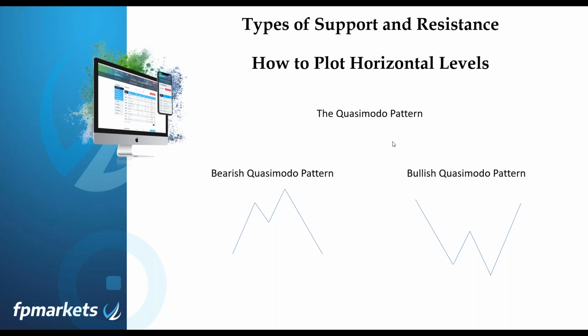So we have a bear trap for bullish Quasimodo patterns, and a bull trap for bearish Quasimodo patterns. As its name implies, a failed downside breakout is called a bear trap, while a failed upside breakout is called a bull trap.